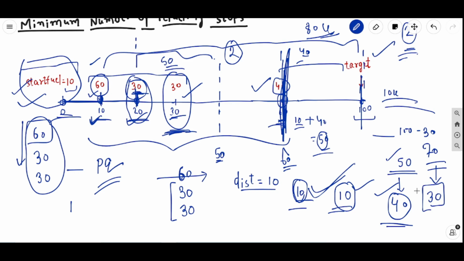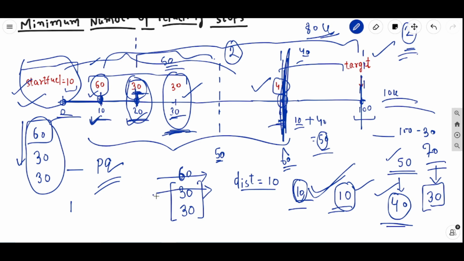And this fuel has to be taken from one of the gas stations which I have in this priority queue, or which I have passed through but haven't consumed the fuel from. So out of these gas stations I will pick the one from the top, because that gas station present at the top offers the maximum amount of fuel.